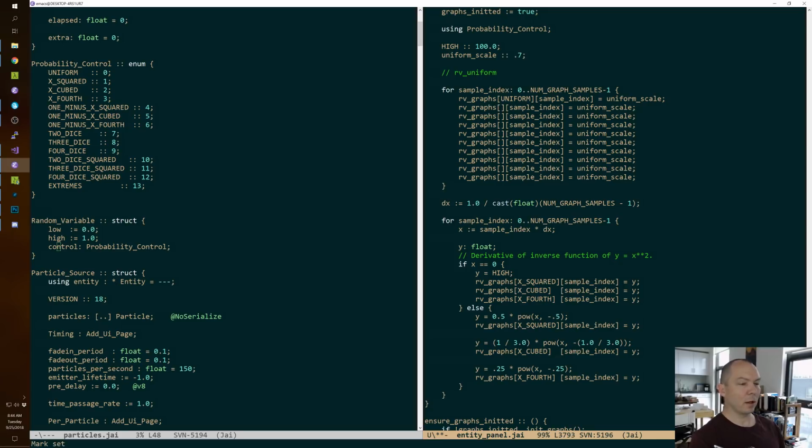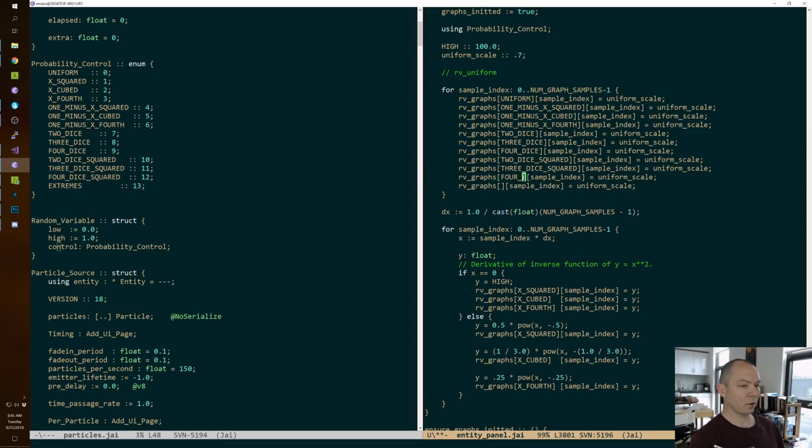This will also serve as our to-do list of what we have to implement: 1 minus x cubed, 1 minus x to the 4th, 2 dice, 3 dice, 4 dice, 2 dice squared, 3 dice squared, and extremes.